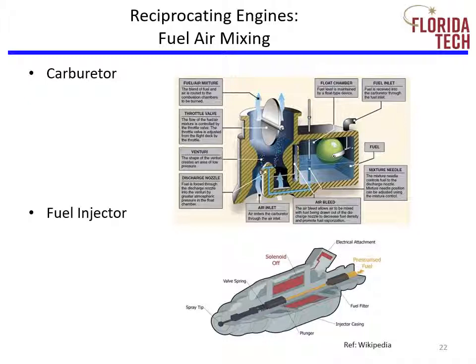Towards the bottom of the venturi, we find a fuel discharge nozzle, which is located near the area of low pressure. This draws the fuel out from the float chamber through the nozzle and mixes it with the air. Just past the venturi is the throttle valve. This controls how much of the fuel-air mixture is being sent to the cylinders.